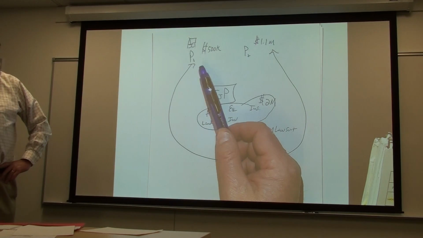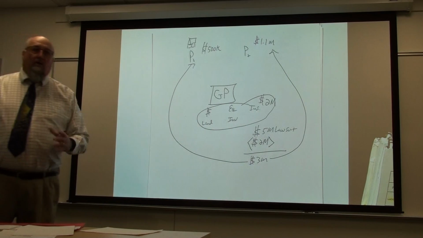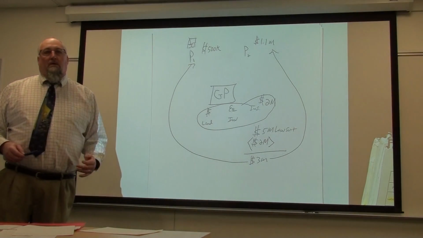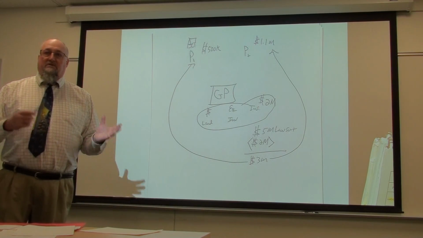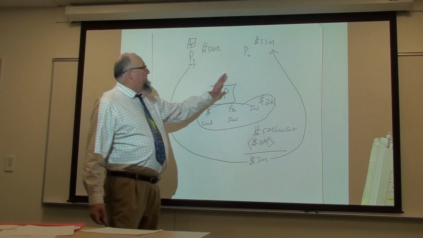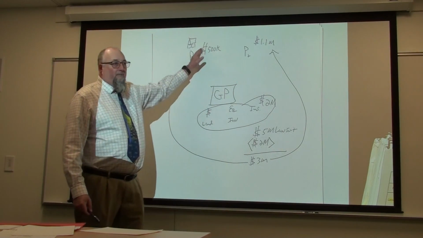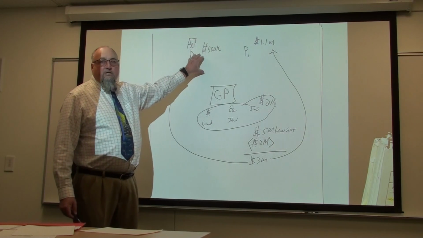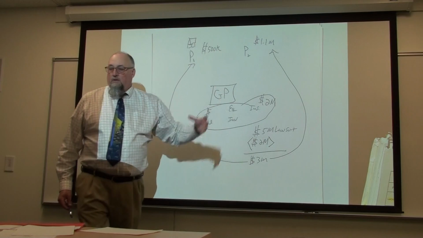Maybe they go to lunch, and while they're at lunch they drink a bunch of beer, and then on the way back to work they run over somebody. So they did something wrong. They're going to go to jail for driving under the influence and vehicular assault. But in a partnership, there's no liability protection this way either. So the other partner may be liable for the bad actions of the other partner that were in the course and scope of the business.